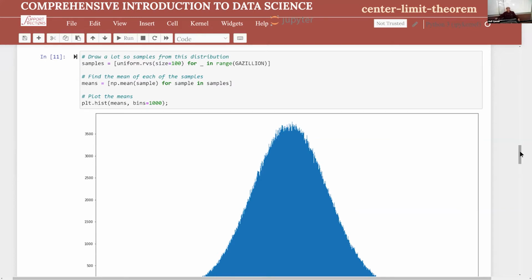Anybody who has been able to reproduce this so far, speak up, please. Ravneesh, are you there? My gazillion is 10,000, so I made the bins 100. Is that correct? Yeah, you can make it a bit smaller. Okay, I'm done. Does it look anything like this, remotely like this? Yeah, it's just chunkier, more pixelated.